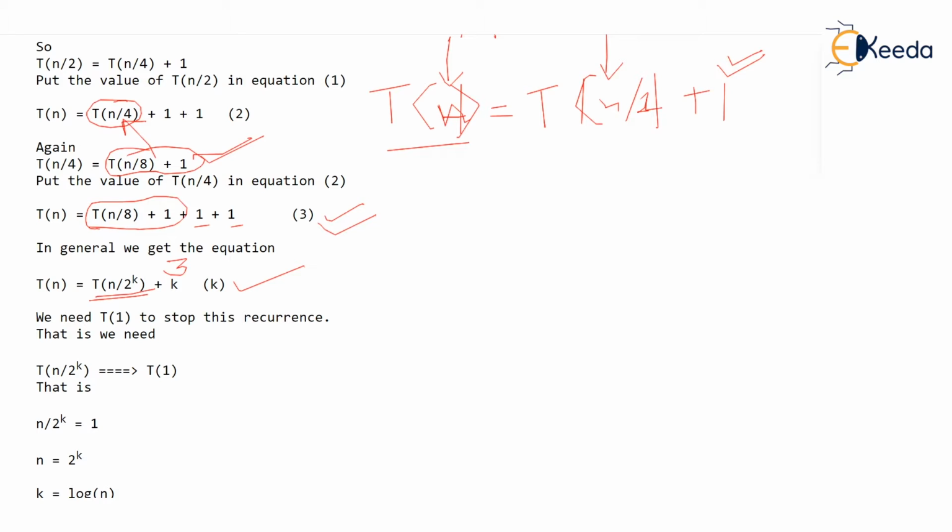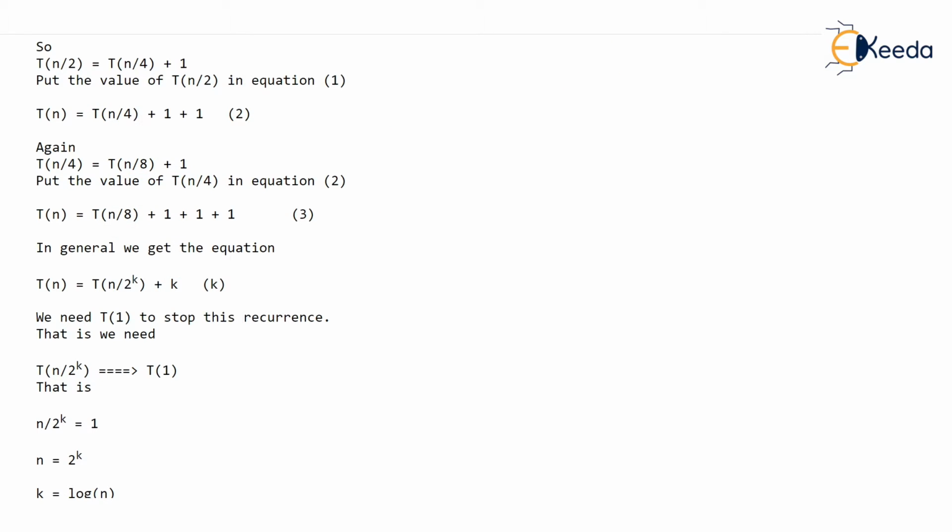So Tn by 2 raised to 3 is Tn by 8. That's what we exactly had in equation 3, isn't it? So whatever is k, like k is 3, then we are exactly getting n by 8 here, Tn by 8. So this is the general form that we have got. Let's name this equation as k.